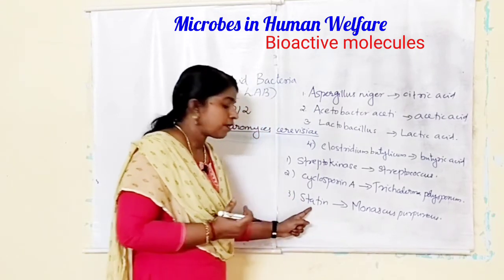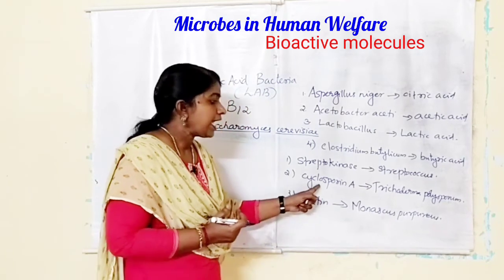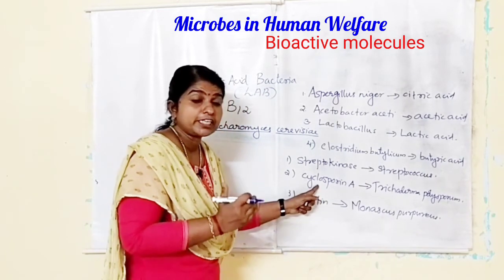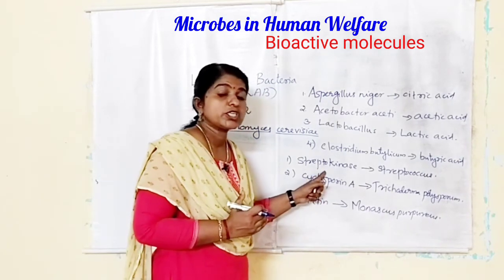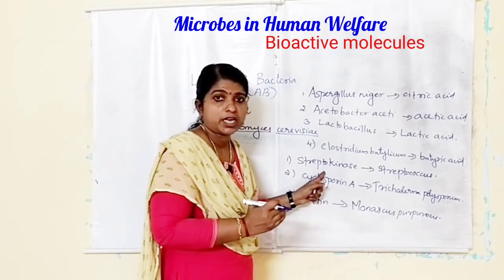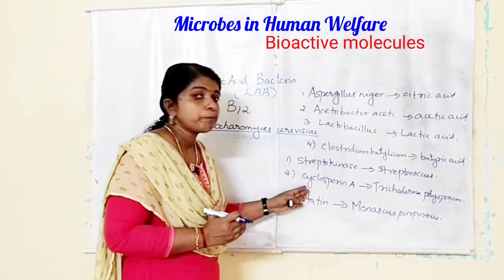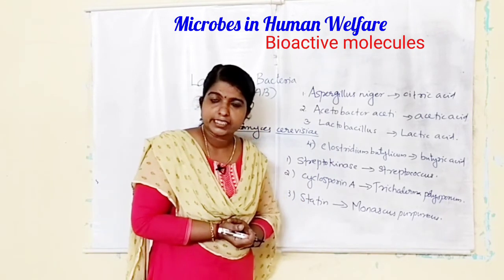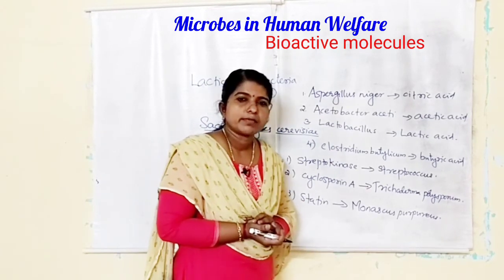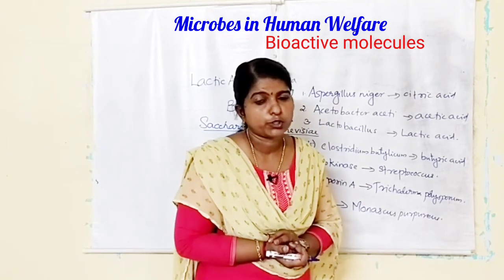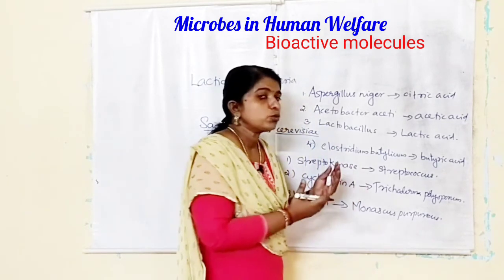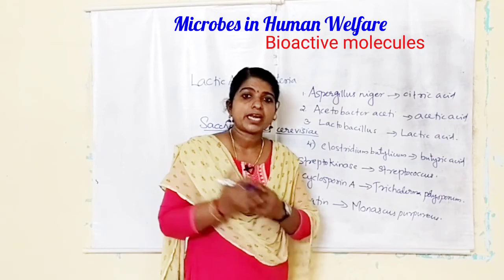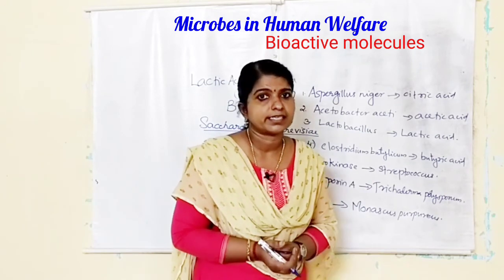Okay, so it is a blood cholesterol lowering agent, cyclosporin is an immunosuppressive agent, and streptokinase is used as a clot buster. So these are some of the bioactive products we obtain from microorganisms. That means microorganisms are very useful also. Okay, so its use in sewage treatment and other areas we can discuss later.